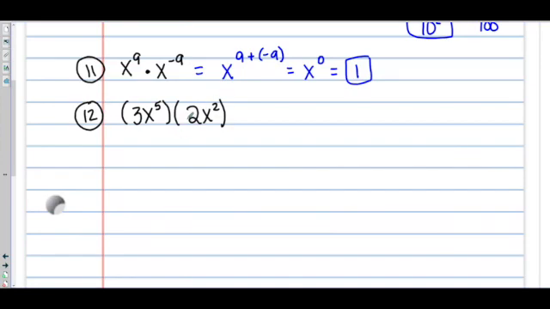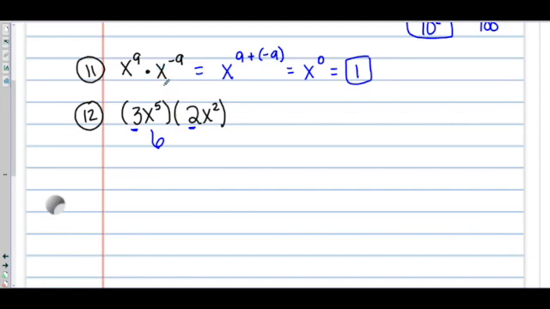Okay, so this one looks a little different because now we have coefficients right here. So because we're multiplying, you would multiply the coefficients with each other. So we're going to multiply 3 times 2, which gives us 6.